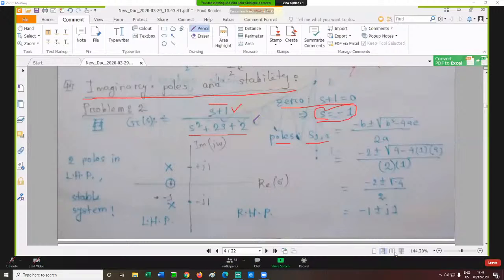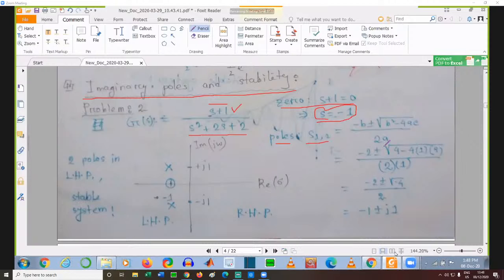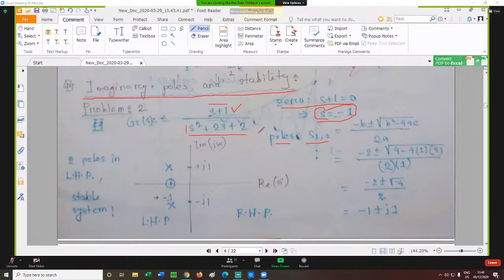So minus 2, then plus minus root over b square, which is 4, minus 4ac. a is the coefficient of s square, so a is 1 here. And c will be 2 here.